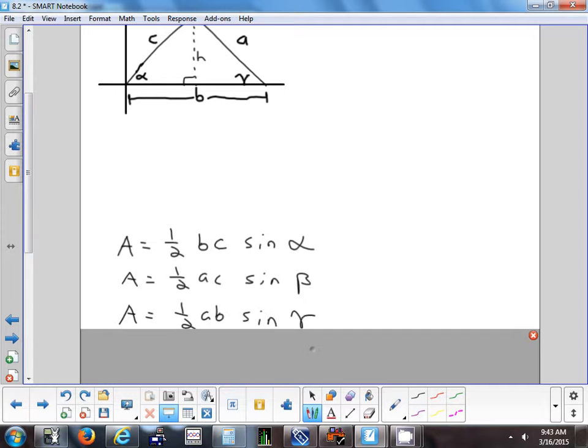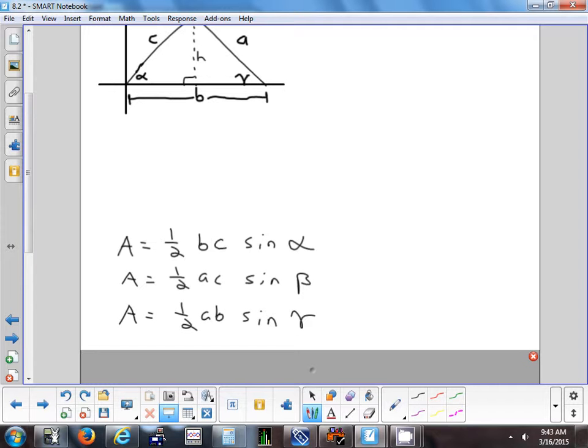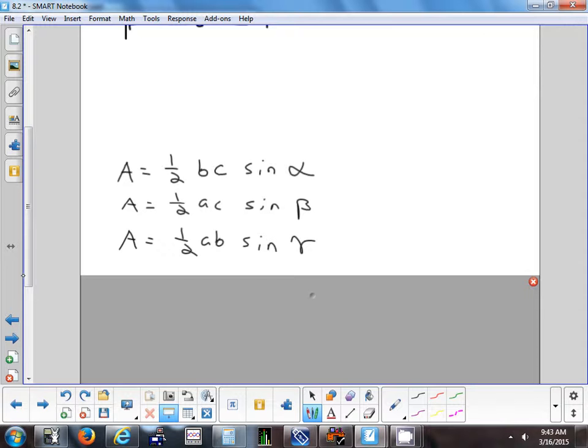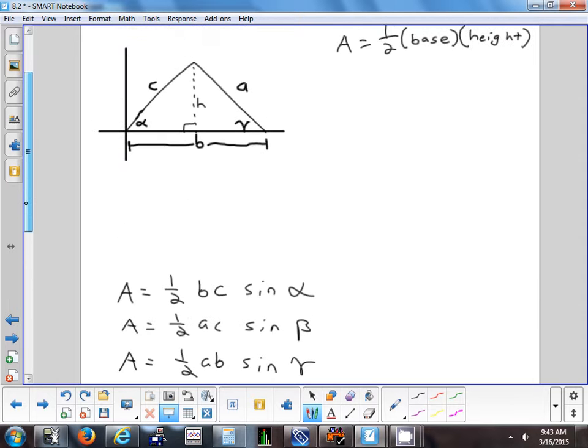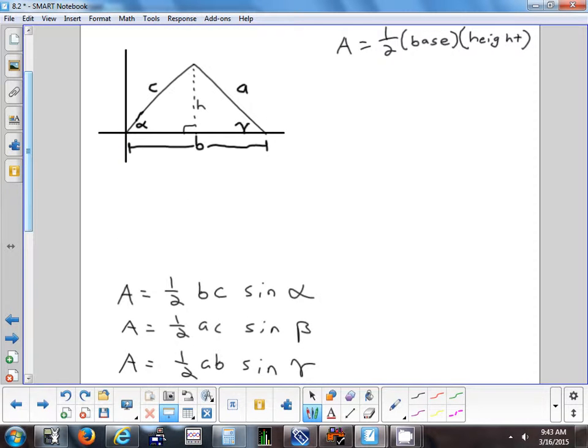Okay, and there's 3 versions of this, just like there's 3 versions of law of cosines, depending on which angle you know. The important thing to just try to remember is to find the area of a triangle, it's 1/2 the product of 2 sides times the sine of the angle between those 2 sides. So it's either 1/2 BC sine alpha, 1/2 AB sine gamma, or 1/2 AC sine beta.